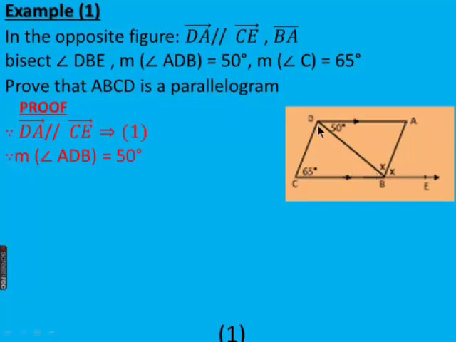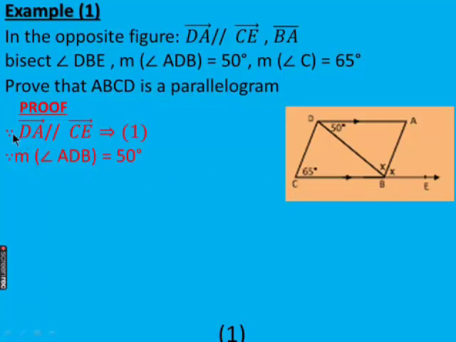We can prove that by finding one of the following: two corresponding angles equal in measure, or two interior angles whose sum equals 180, or two alternate angles equal in measure. Now we will transfer it into the proof.